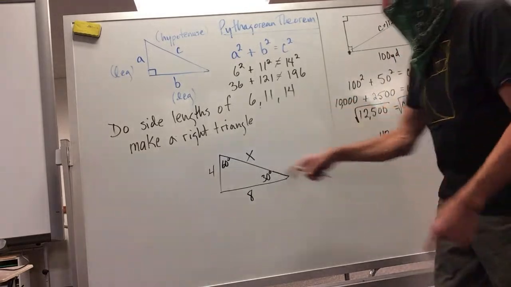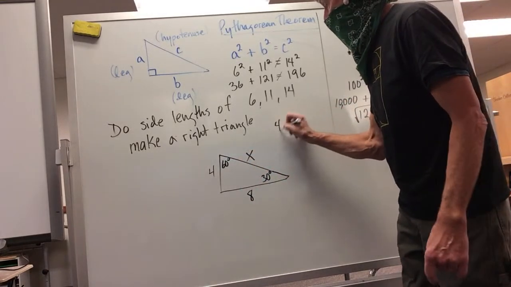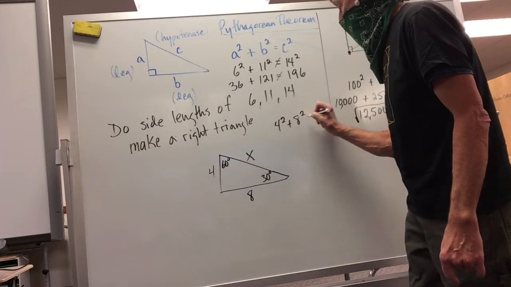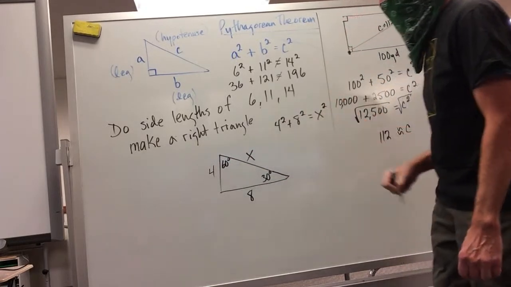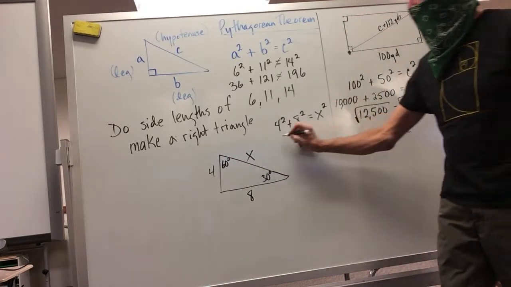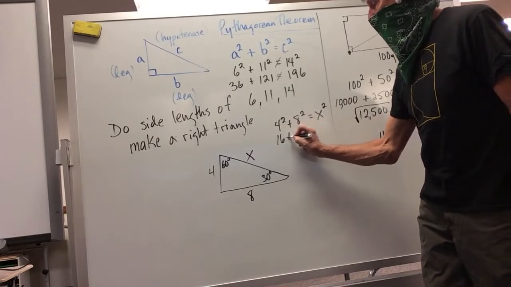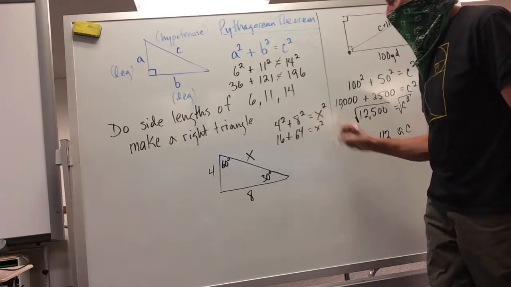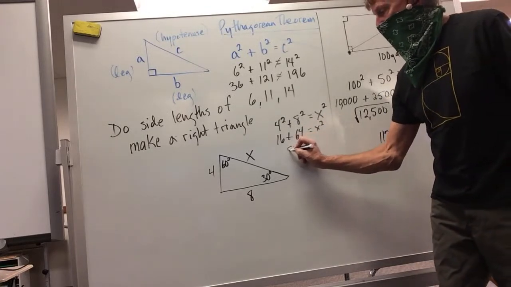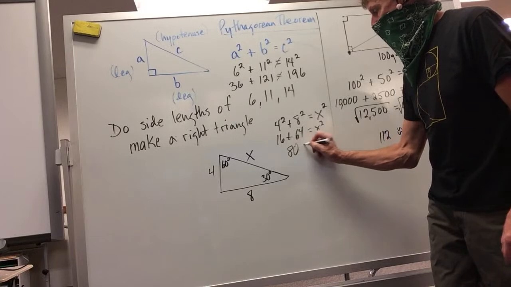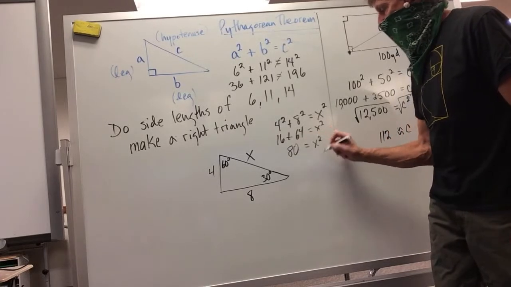So if, for example, we had these numbers, 4 squared plus 8 squared will be equal to x squared. What's 4 squared? 16. 8 squared? 64. Add them up. 80. Okay, now we take the what?